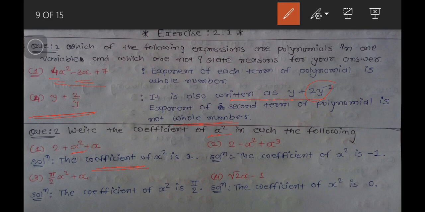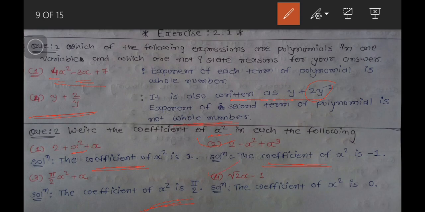And now the second example, 2 minus x square plus x cube. The coefficient of x square is minus 1. Here third example, pi by 2 x square plus x. Here the coefficient of x square is pi by 2.